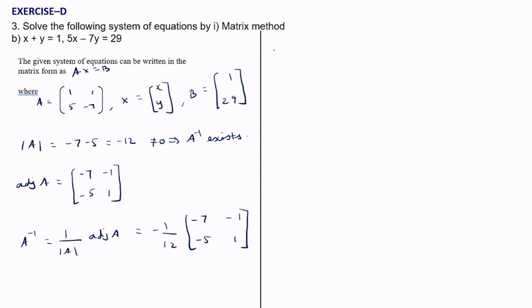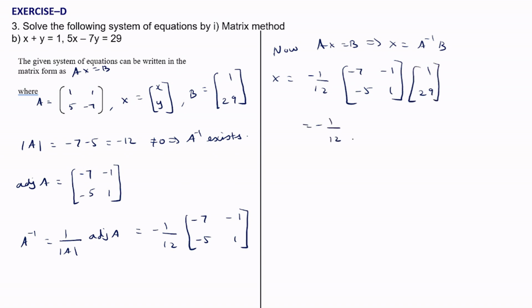And next we have to find x and y. Now Ax equal to B implies x is equal to A inverse into B. A inverse is minus 1 by 12 into minus 7, minus 1, minus 5, 1, into B, which is 1, 29.